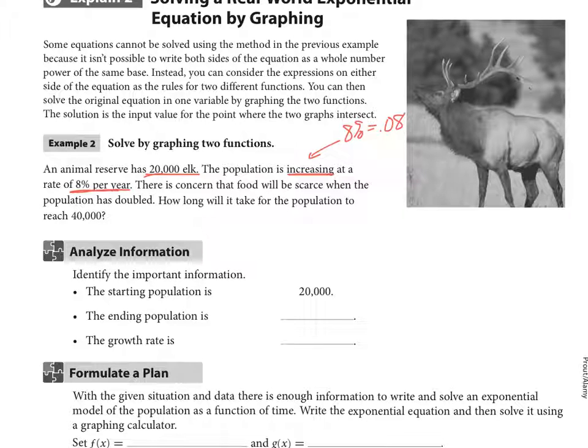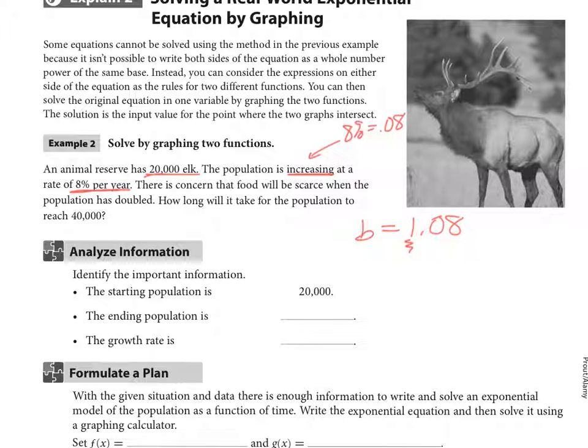So it's a number bigger than 1. So what would our base number be? 1.08. There you go. Our base number B is 1.08, because we're keeping 100%. We don't lose any of those 20,000 elk. We keep those, but then we grow 8% per year, so it's 1.08. Again, a huge concept to understand.